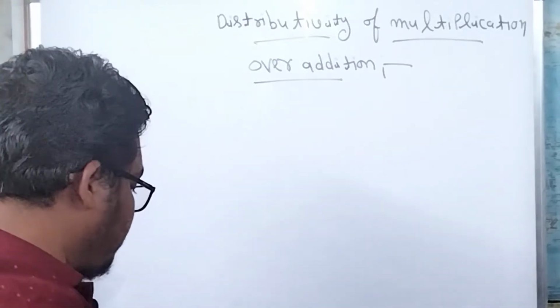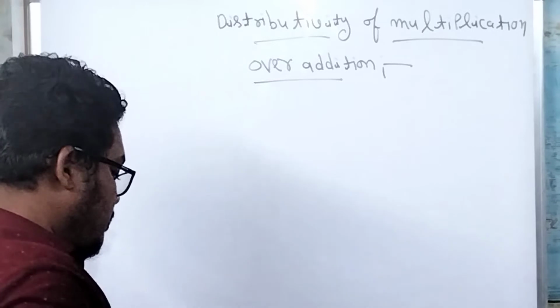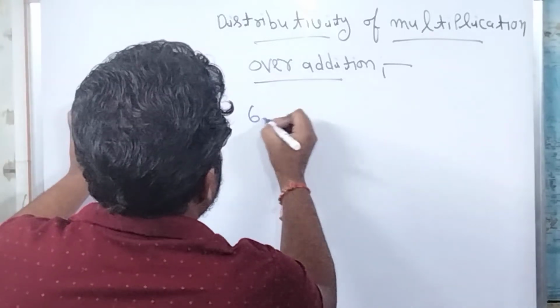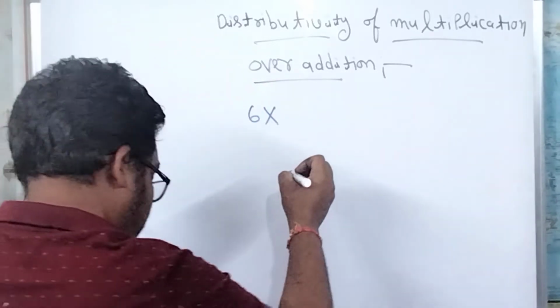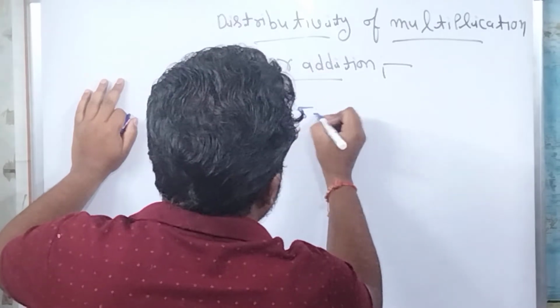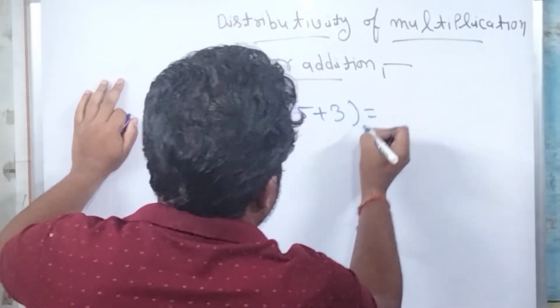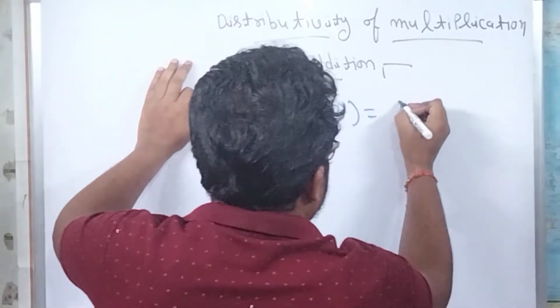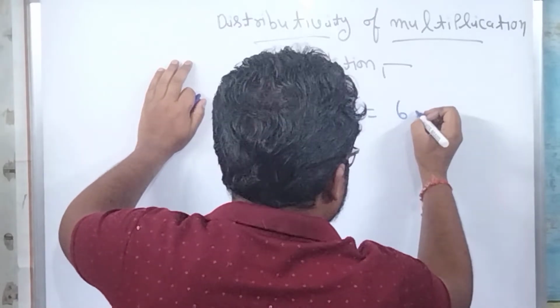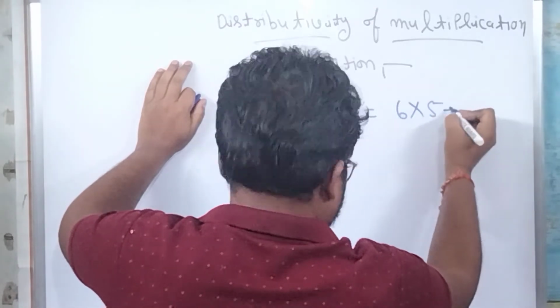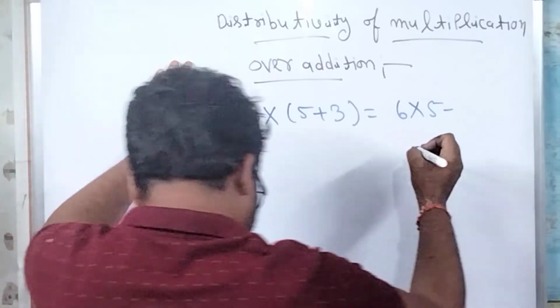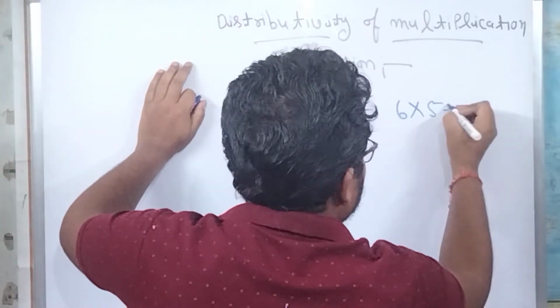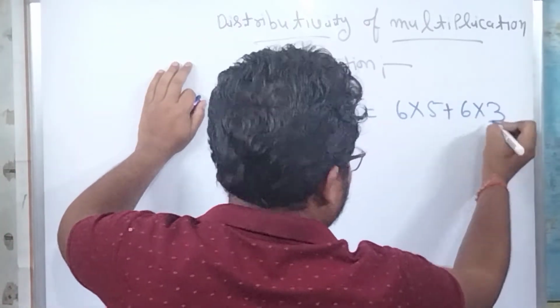In this rule, friends, we see that 6 × (5 + 3) is equal to 6 × 5 plus 6 × 3.